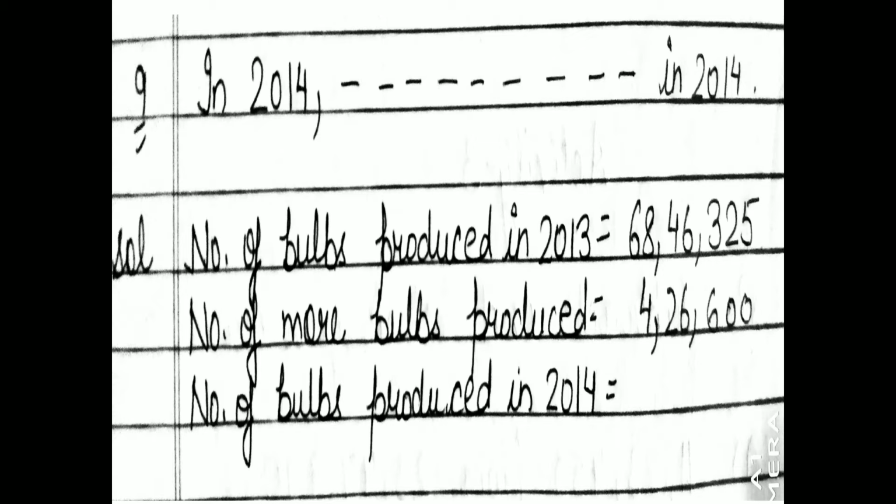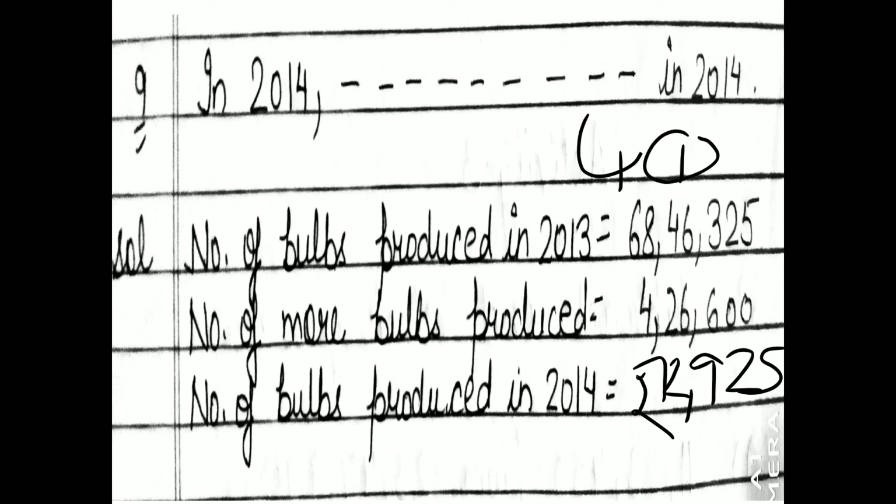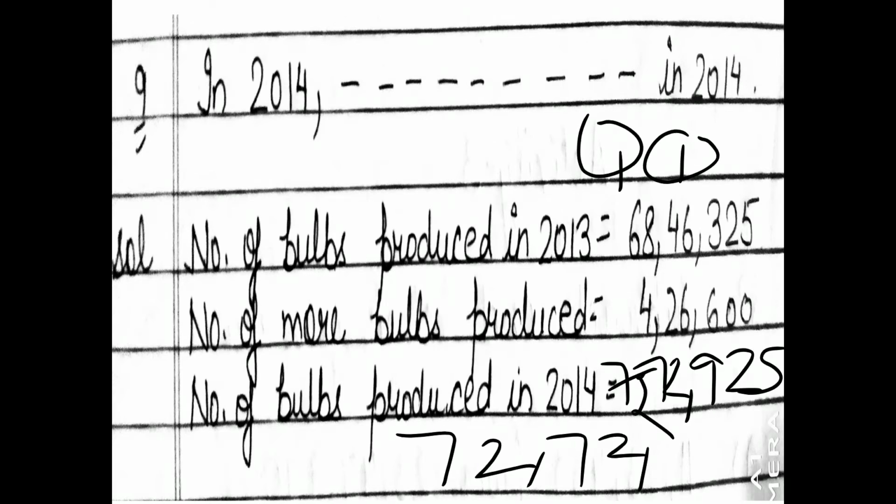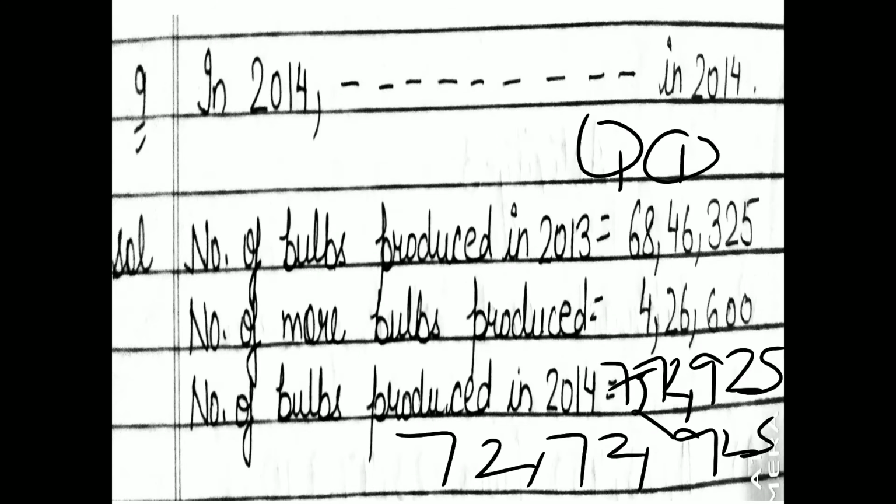So number of bulbs produced in 2014, what you do, plus it. 5 plus 0, 5, 2 plus 0, 2, 3 plus 6, 9, 6 plus 6, 12, 1 will go up, 4 plus 1, 5, 5 plus 2, 7, and 8 plus 4, 12, 2 and 6 plus 1, 7. So the answer is 72,72,925. Clear?